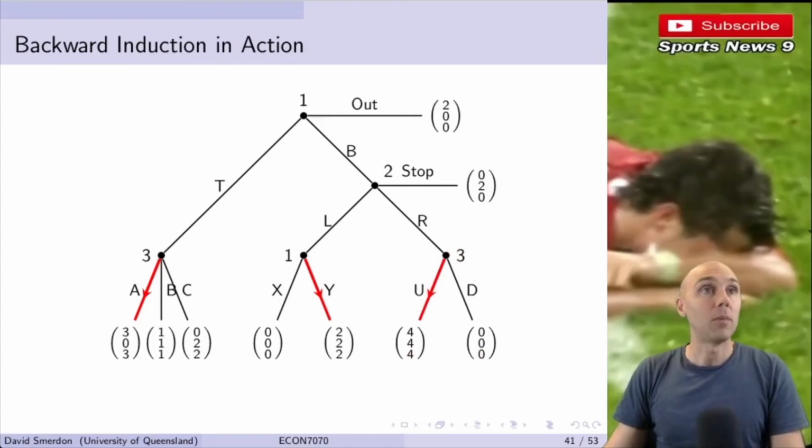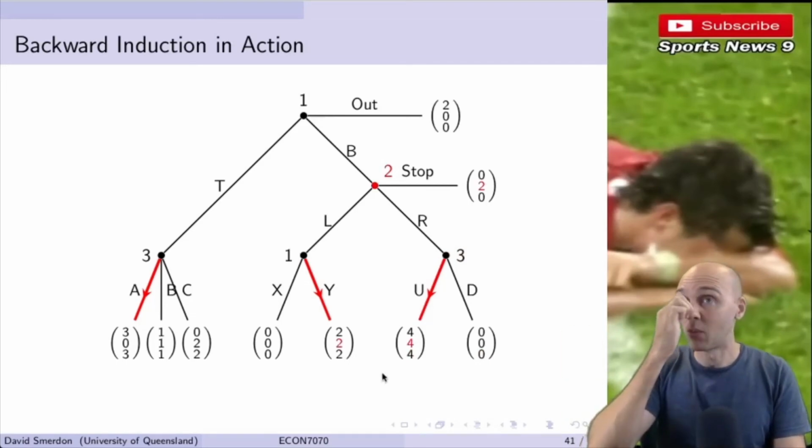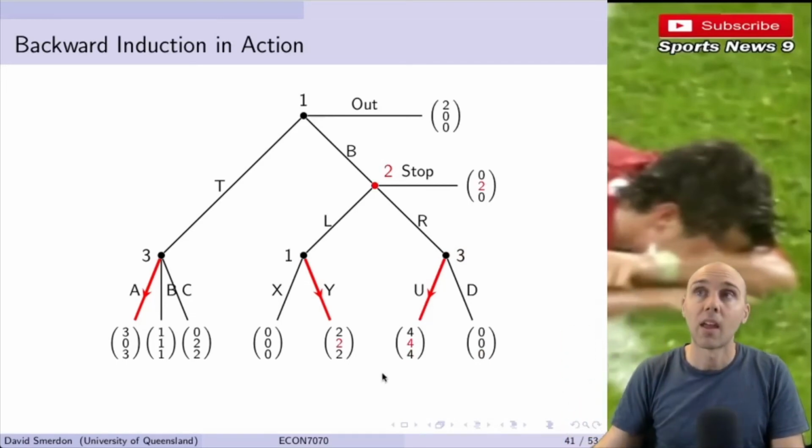Okay, we keep going backwards. We keep pruning up the tree. So we'll go to the next decision node, which is for player 2. And how does player 2 choose what to do? Well, we already know what the subsequent players are going to do further down the tree. We know that we're going to end up either at these payoffs or at these payoffs.